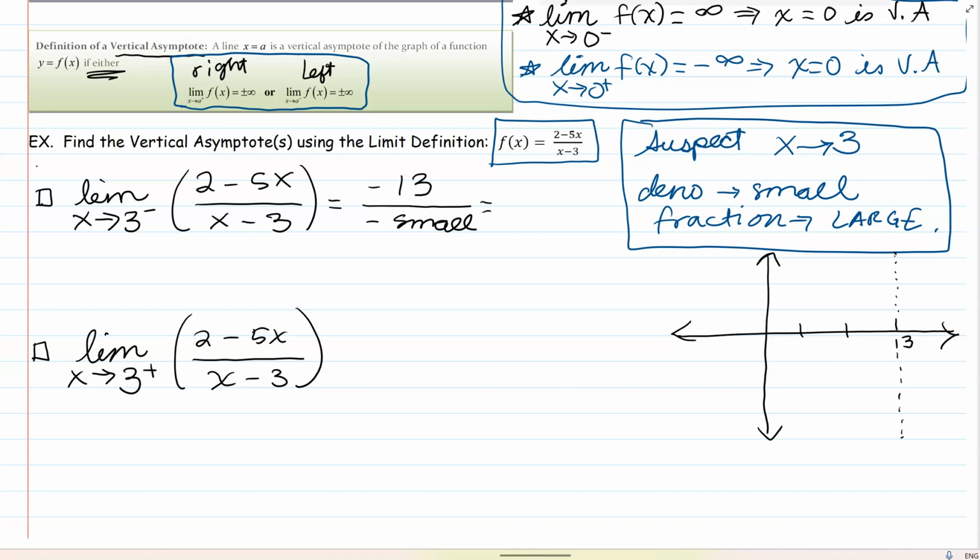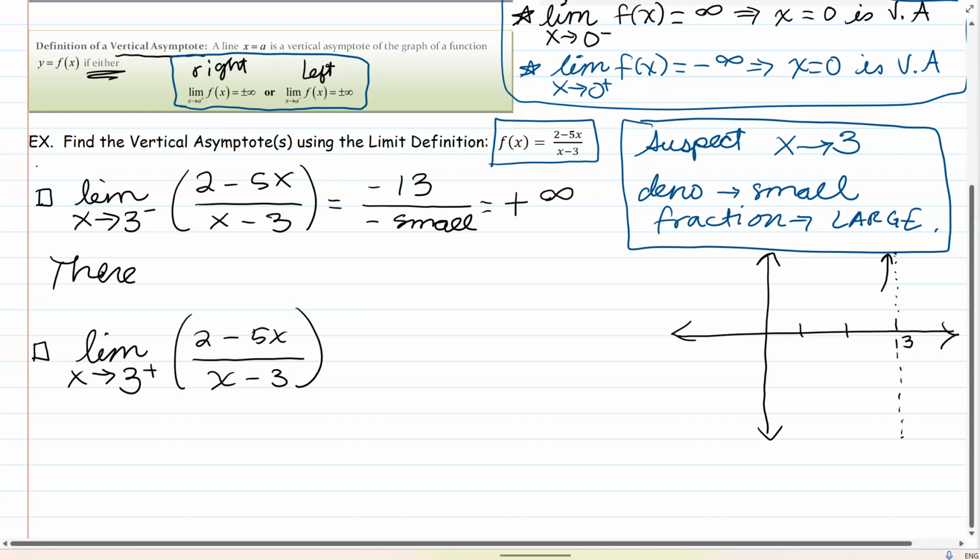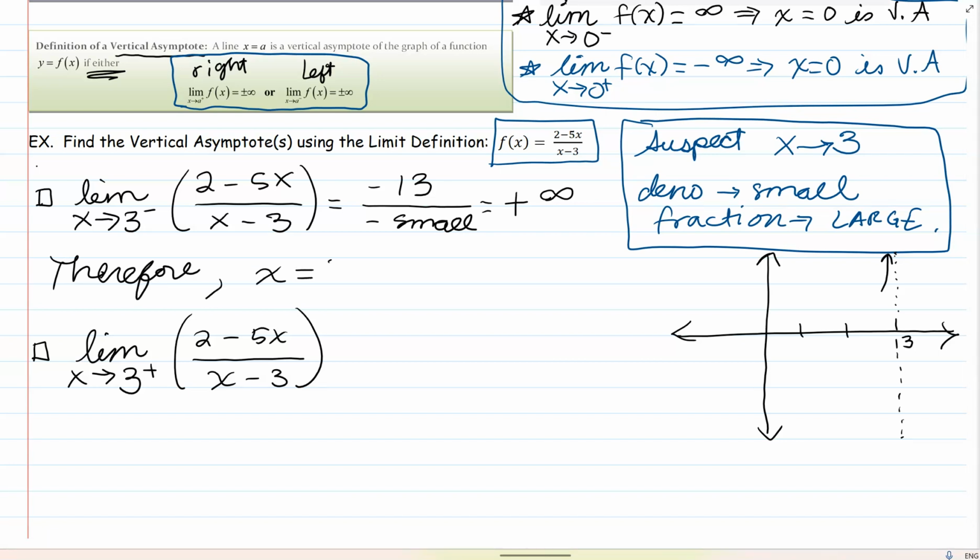Negative divided by negative is a positive, and 13 divided by a really small value is a really big number. So when x is approaching 3 from the left, our function is going way up. Therefore, by the definition of vertical asymptote, the line x equals 3 is a vertical asymptote.